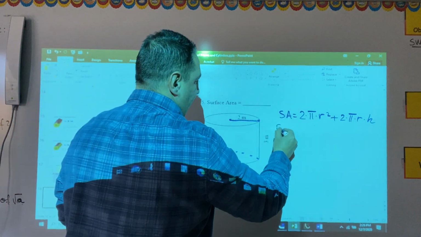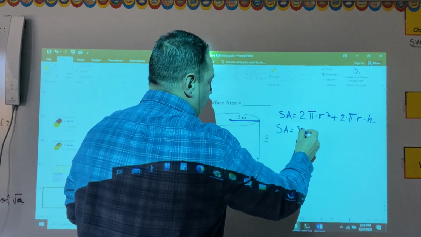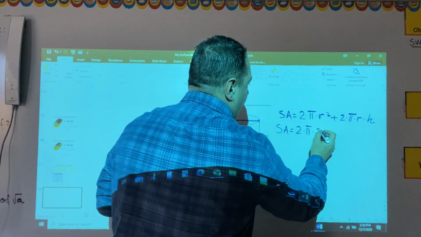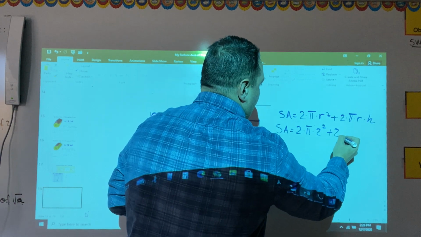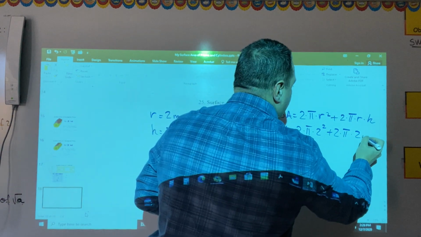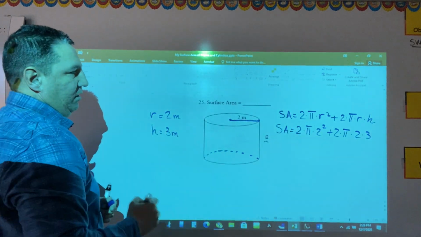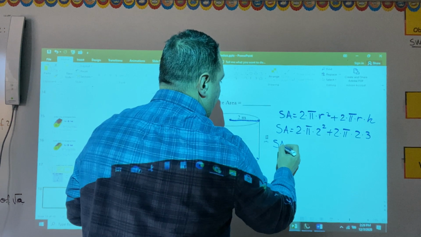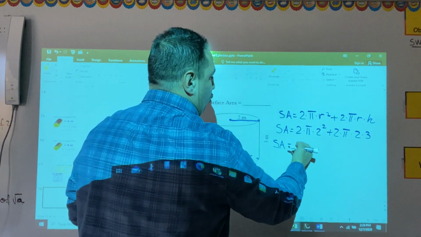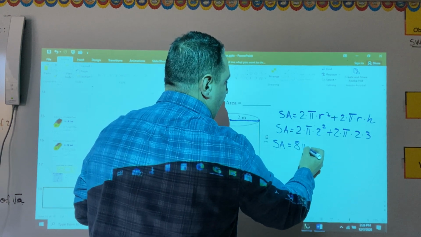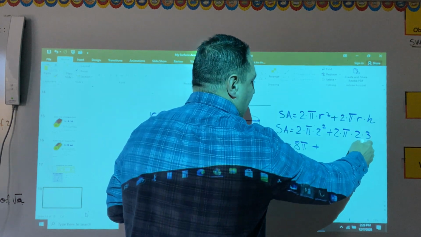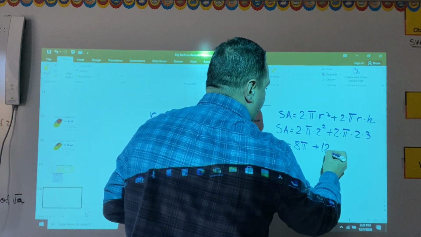Because we have everything, surface area would be 2 times pi times r, which is 2, and we square 2, plus 2 times pi times r, which is 2, times 3, because h is 3. So surface area would be 2 squared is 4 times 2 is 8 pi, plus 2 times 2 is 4 times 3 is 12 pi.